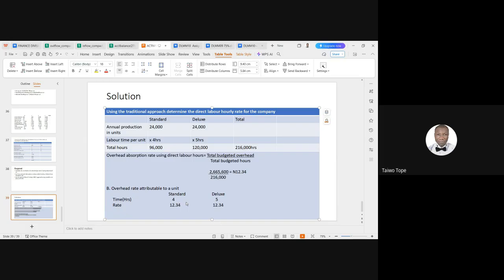So how much are you paying? For standard, you multiply: 49 naira 36 kobo. For loss, you have 61.7.